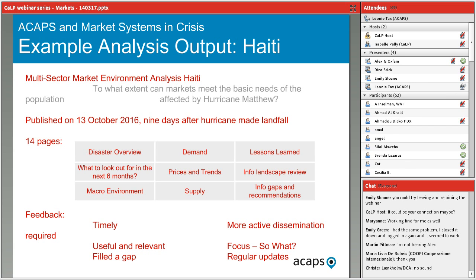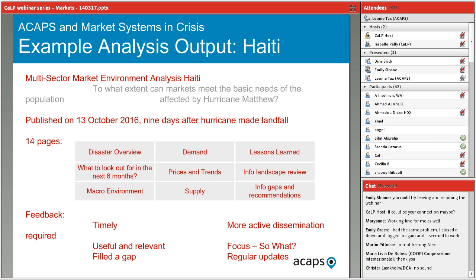And that report was published on the 13th of October, which was 9 days after the hurricane first made landfall. It was about 15 pages and consisted of 9 main components, which you see here on the slide, moving from disaster overview to, at the end, information gaps and some recommendations on how to possibly address those gaps.